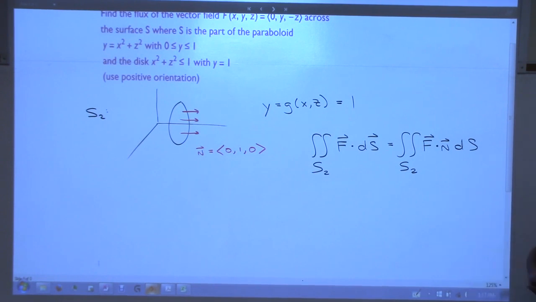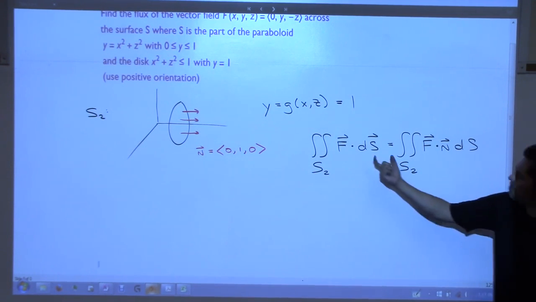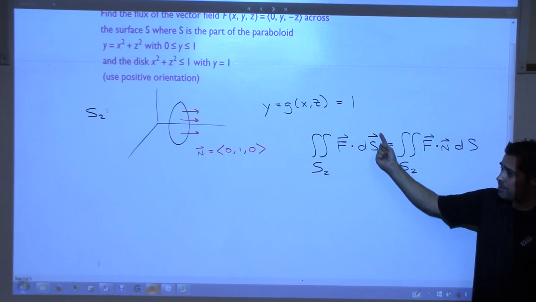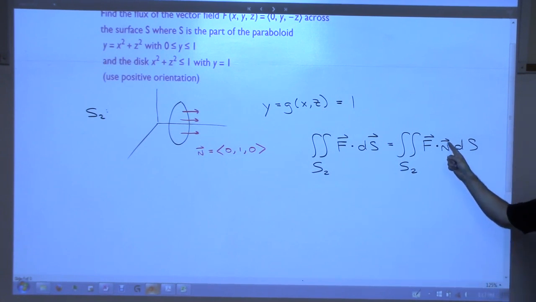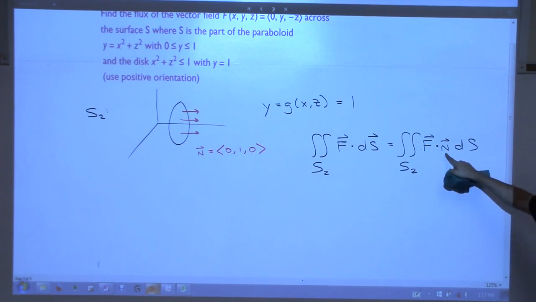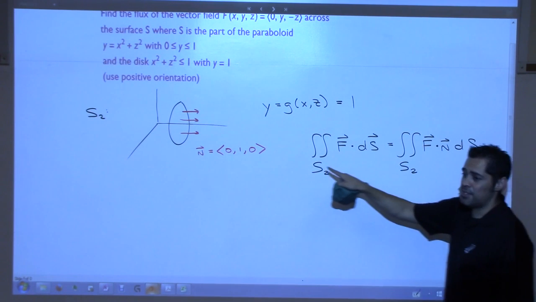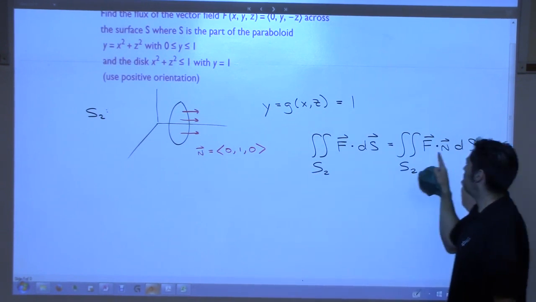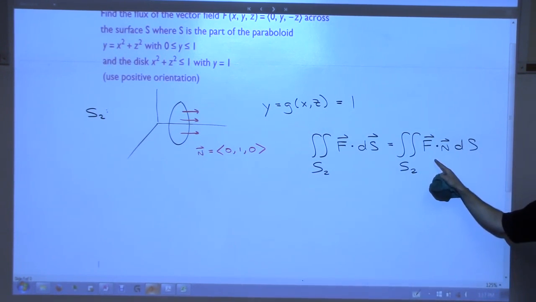What happens is this dS vector turns into n dS, where this is surface. All right? The value of this formula is that if you know how this normal vector behaves, especially if it's always the same, then this dot product becomes very easy to compute.